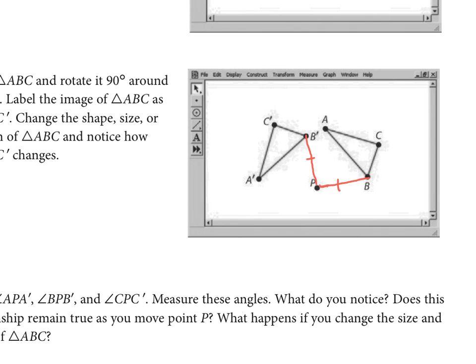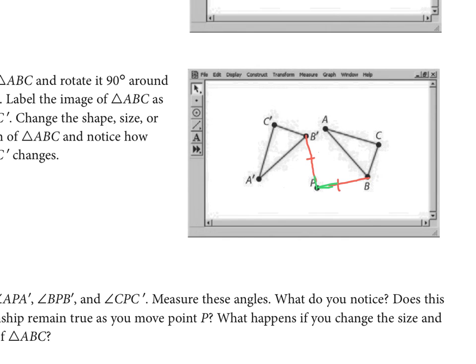It's also the same between A and A prime, and C and C prime are also congruent. I just wanted to show you that.